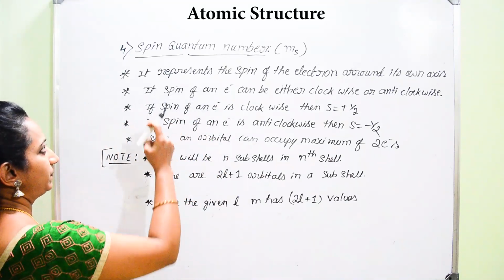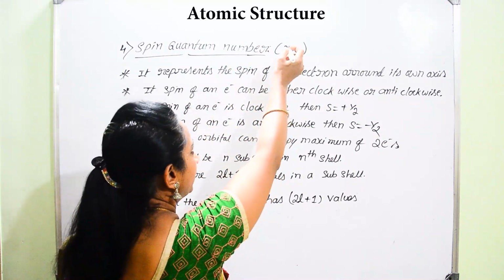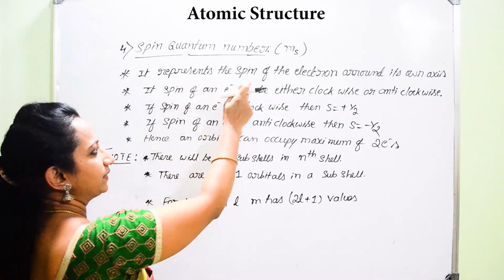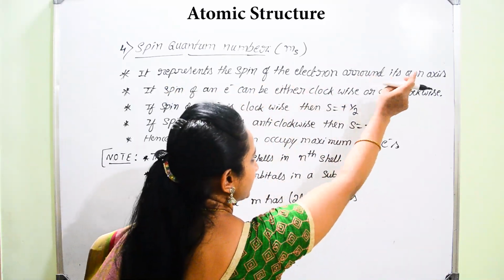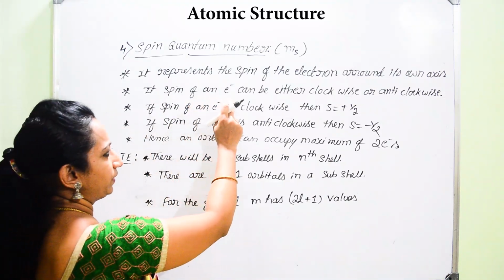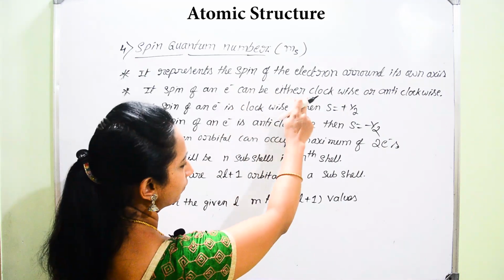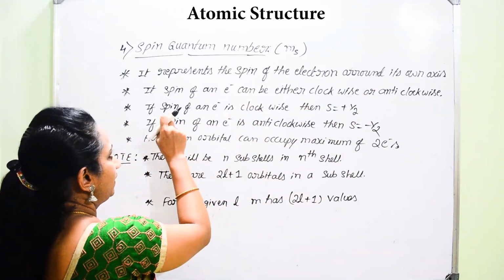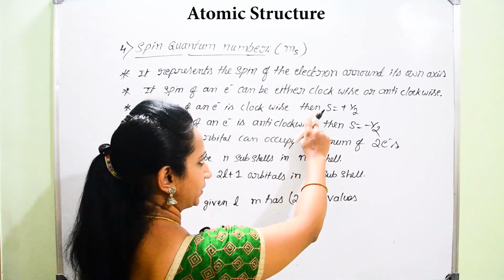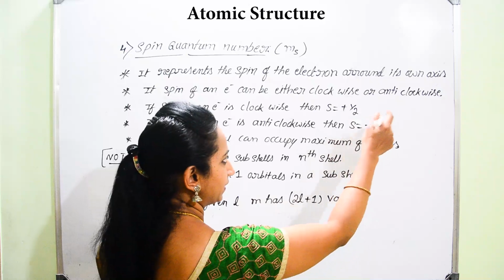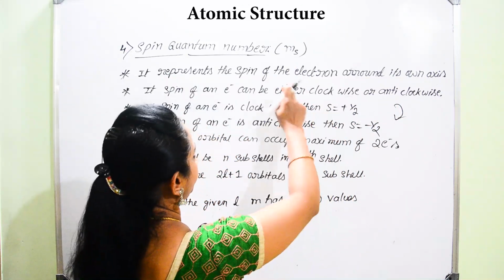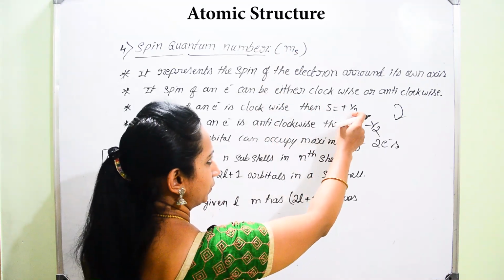Here the spin quantum number is represented by the symbol ms, m suffix small s, and it represents the spin of the electron around its axis. If the spin of an electron is in clockwise direction, then we can mention that specific s value or ms value is equal to plus half.